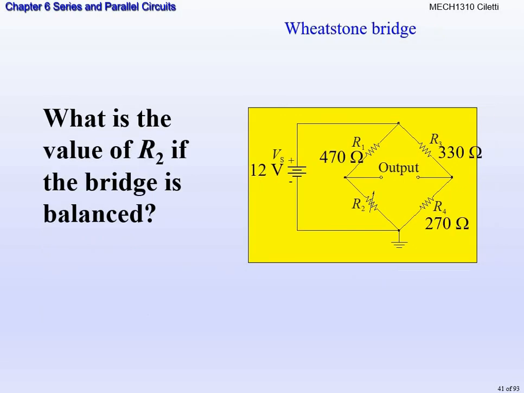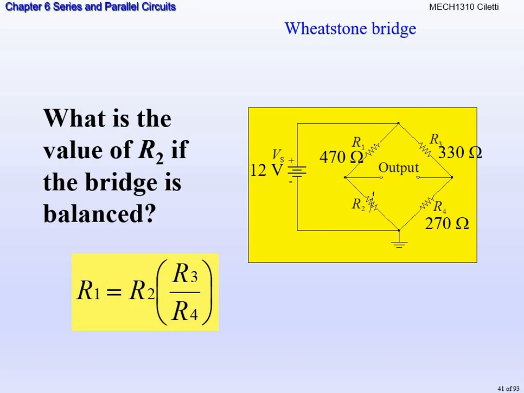So we have to find what value of R2 is going to balance the Wheatstone bridge. So we're going to say R1 times R4 equals R3 times R2, and we're going to look for R2 here. When we solve that algebraically, remember I'm using R1 times R4 equals R2 times R3 initially.